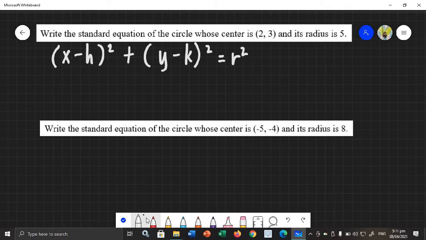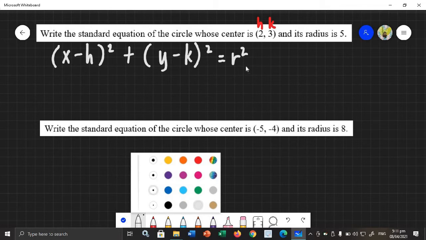Given that, the center is an ordered pair, right? The x-coordinate is your h, the y-coordinate is your k, and your r is the radius. Okay? Let's substitute them for h, k, and r using the standard equation.